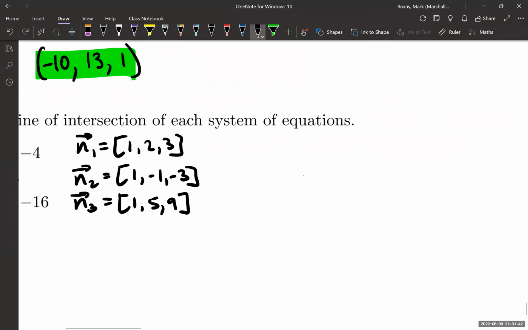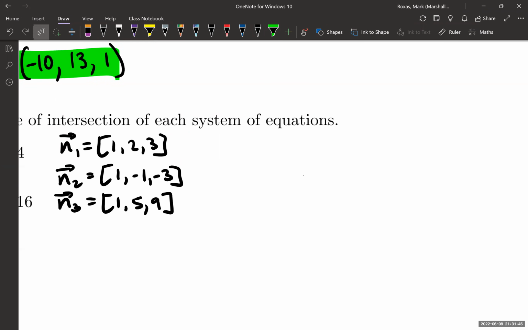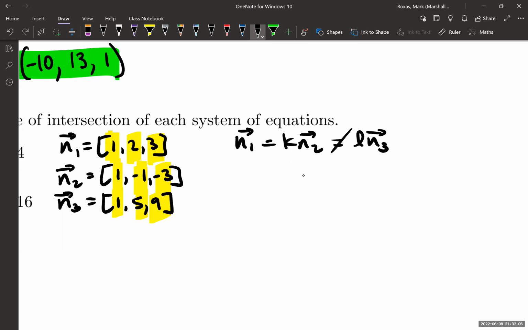Then we have to check, are these normal vectors parallel? Well, the x component is a scalar multiple of 1, but that scalar multiple does not apply to the y and z components. So I cannot say that n1 is a scalar multiple of n2 or of n3. They are not parallel normal vectors.